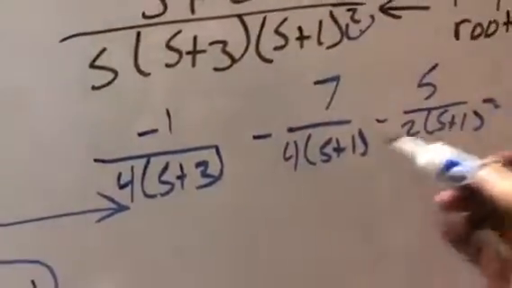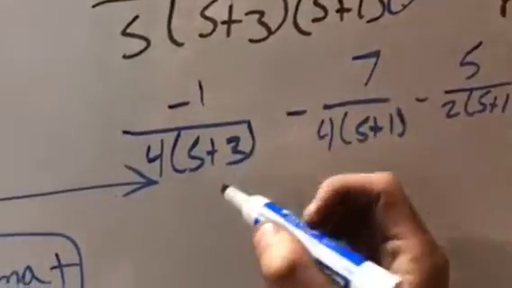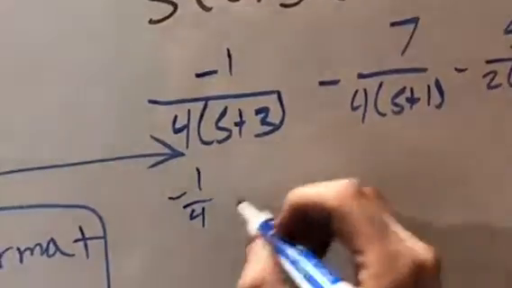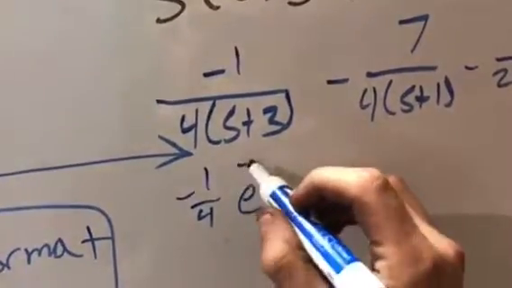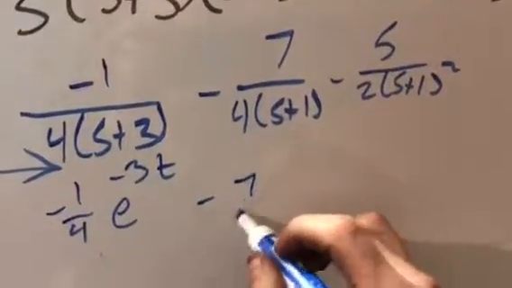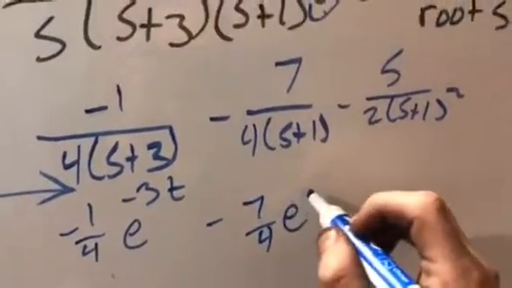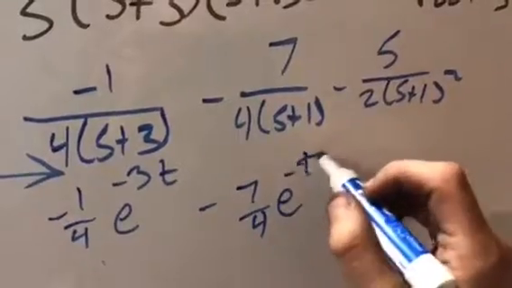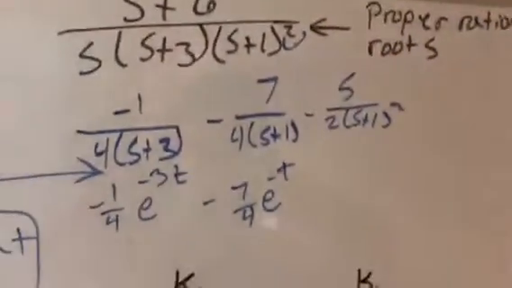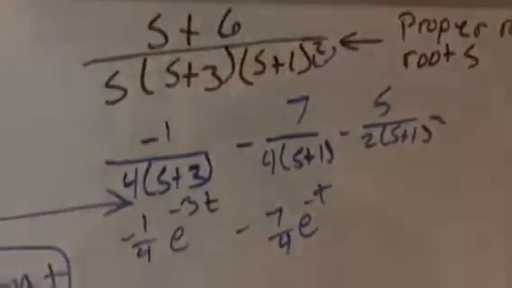You would then take each of these individual ones and inverse Laplace them. So this would be -1/4 e to the -3t, and this would be -7/4 e to the -t. So you would go through this whole lineup and process, but all you have to do is just hit the expand button.